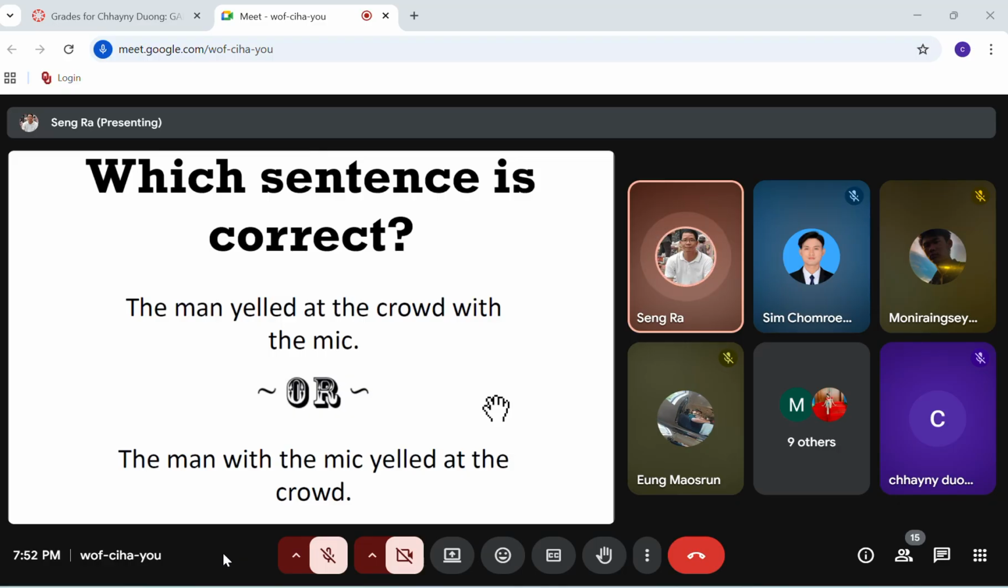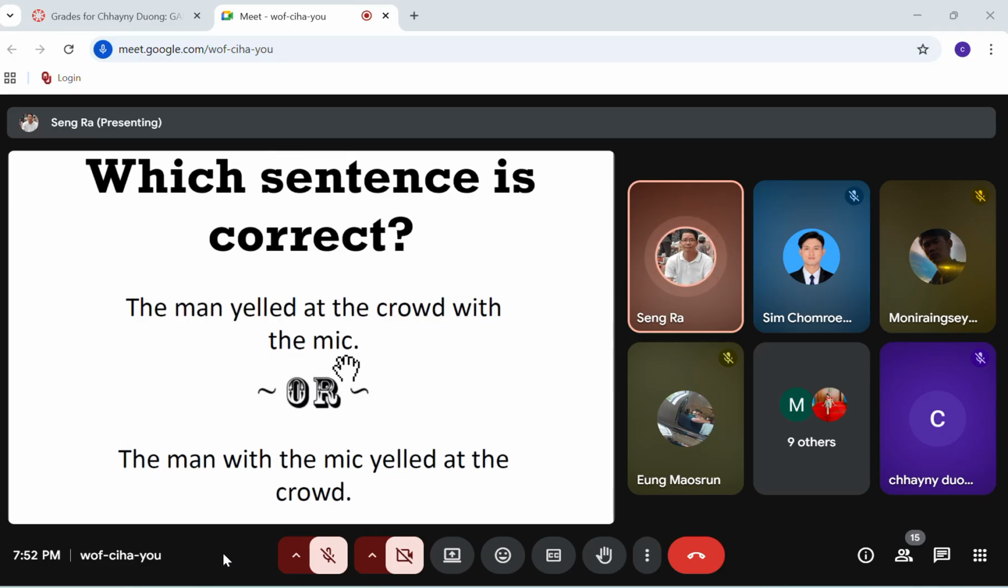Okay, I want to make it clear that with the microphone is a modifier. From what we understand, with is the preposition, and microphone is the noun. So preposition plus noun makes a prepositional phrase.